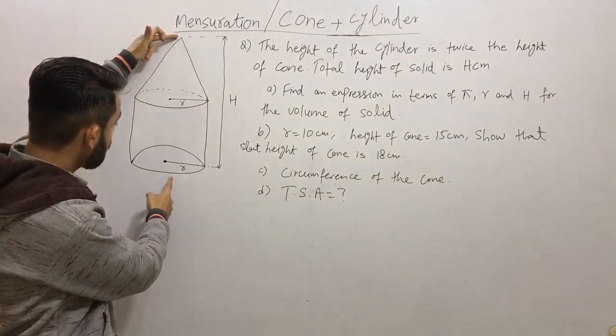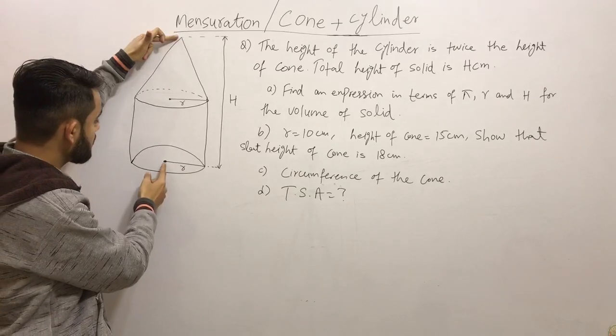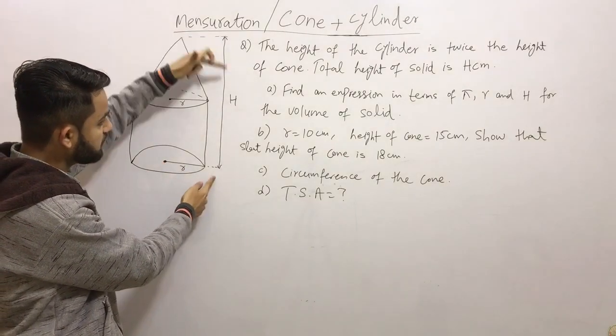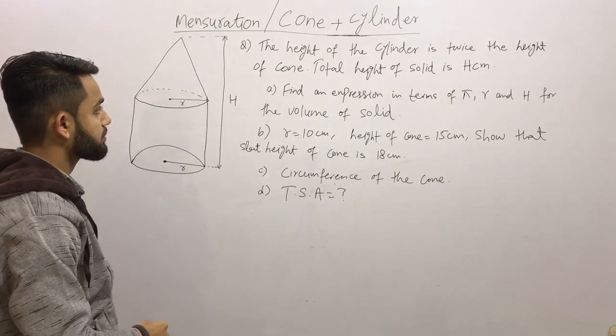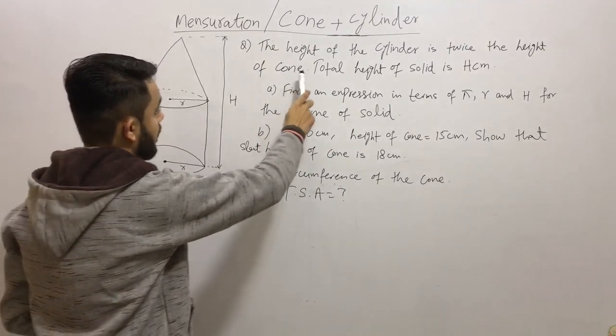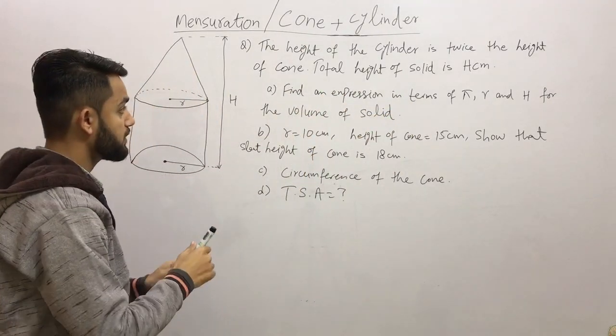It also gives the height of the whole solid, which is the distance from here till here, 8 centimeter. Now let's read the question and see what is given. The height of the cylinder is twice the height of the cone.